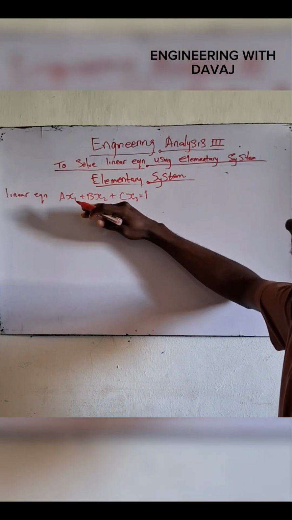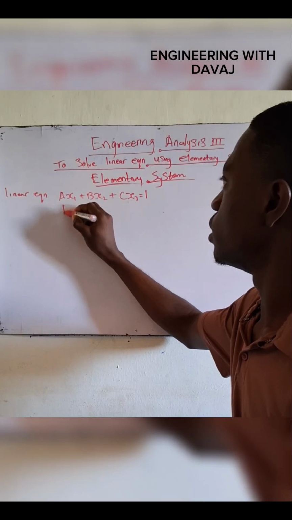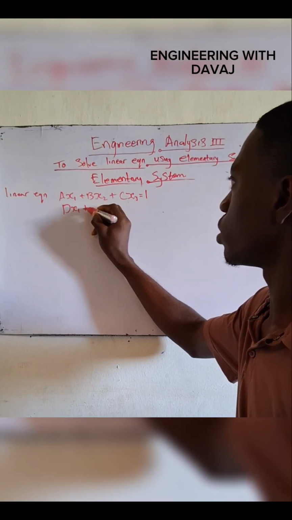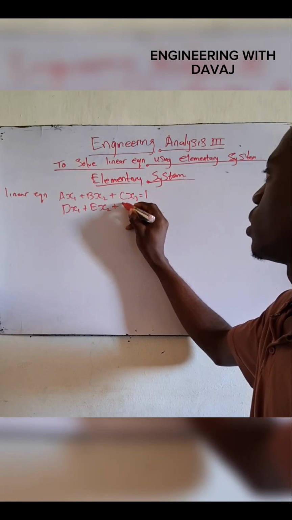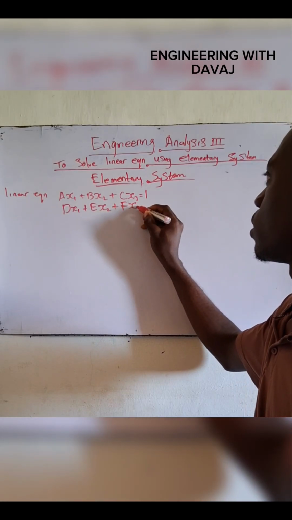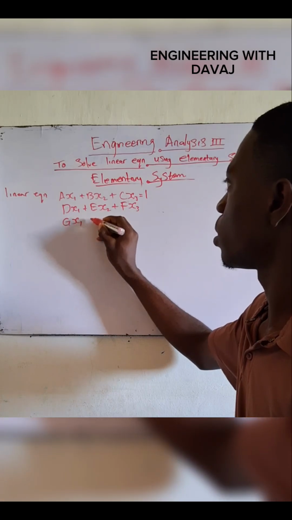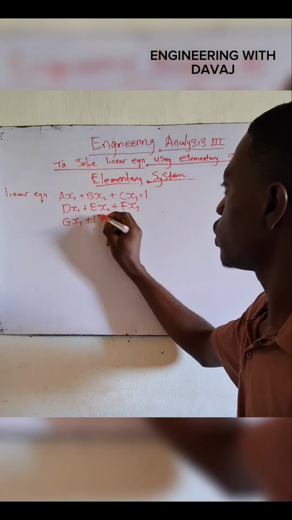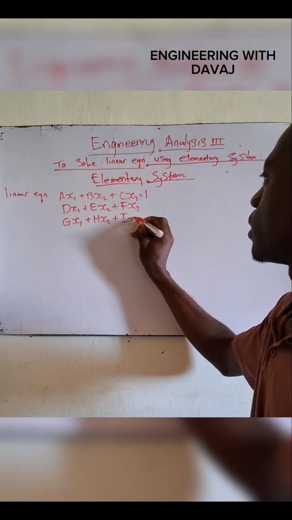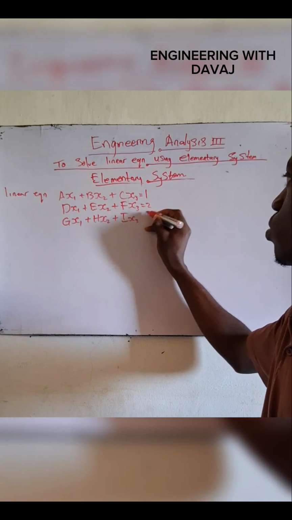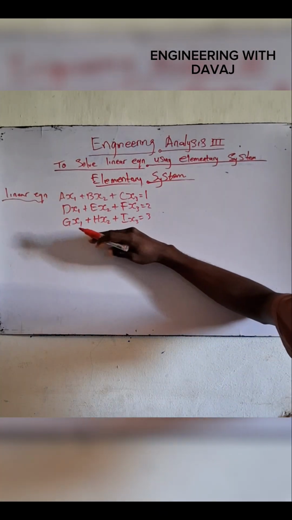So let's have multiples of this: dx1 plus ex2 plus fx3 equals 2, and gx1 plus hx2 plus ix3 equals 3. So this is called a linear equation.